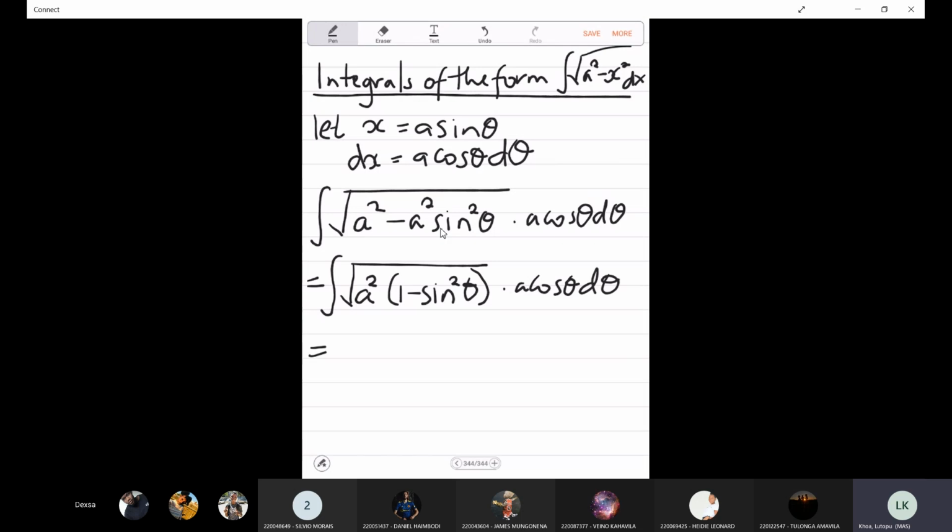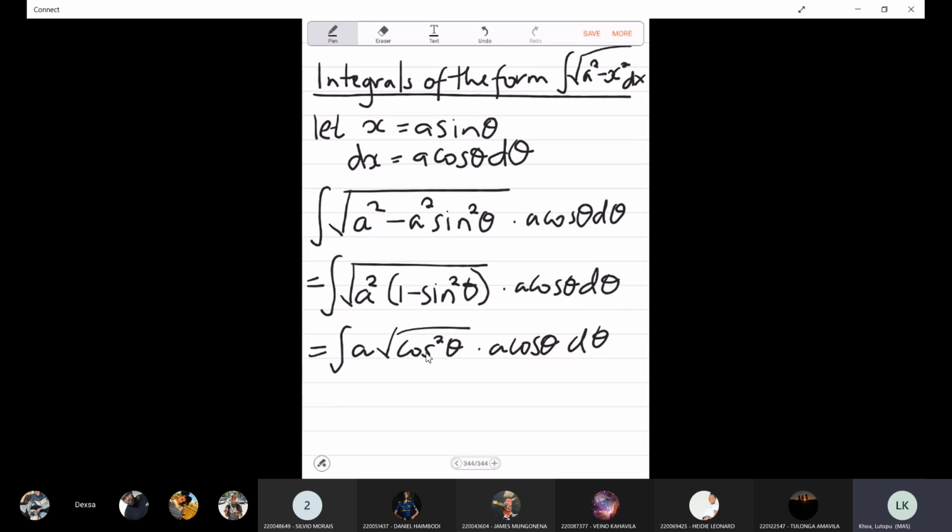The square root of a squared is just a, so this a squared can come out of the square root, and then we have a times the a that is outside. This is the integral of a, and then under our square root, 1 minus sine squared theta we know is cos squared theta, so the square root of cos squared theta, and then a cos theta d theta.